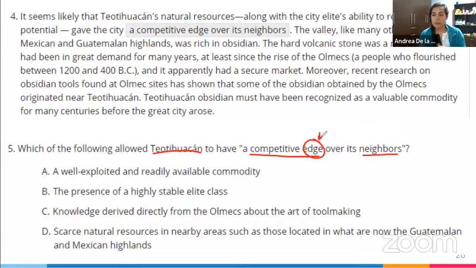But you need to remember that you won't always have the exact same words. Now, in this case, it's pretty simple because it's a quote. So I'm sure you guys found that quote here, right? A competitive edge over its neighbors. That's the first step.